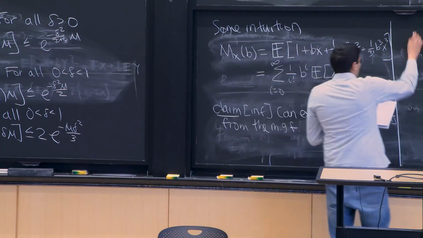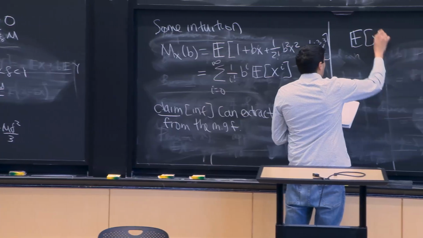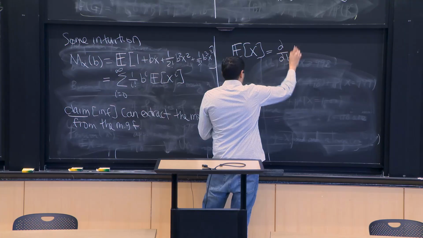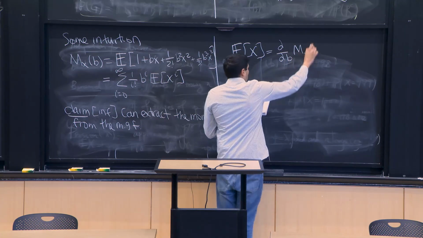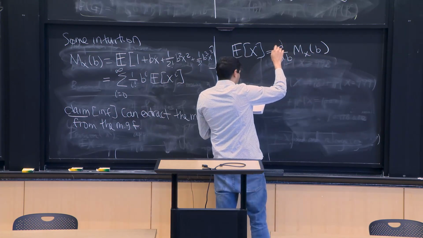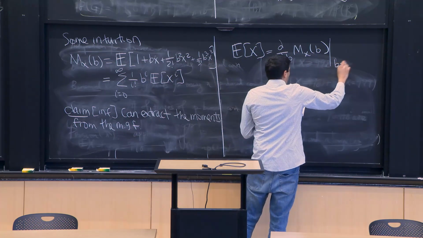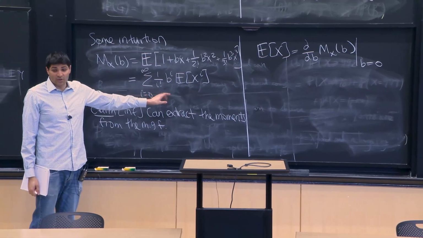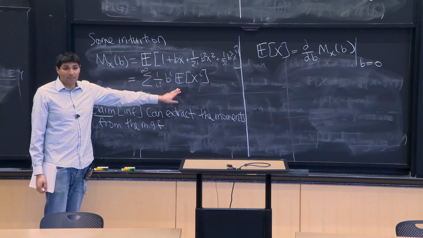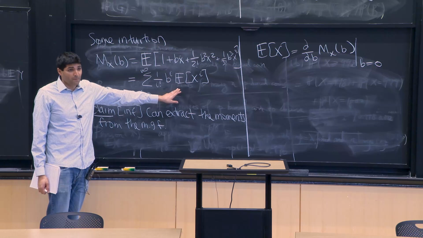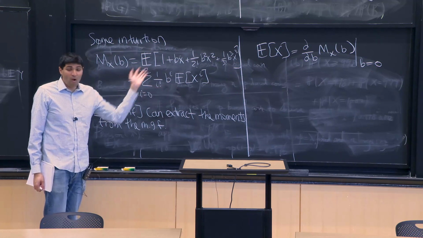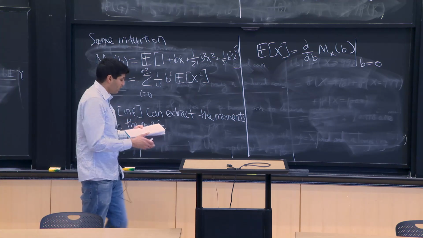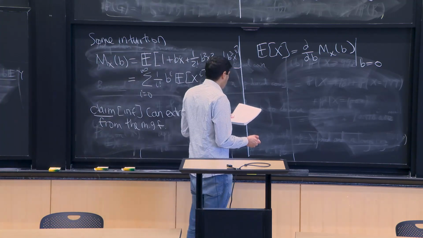Well, in particular, the way that I can recover the first moment of x is just by taking my moment generating function, taking the partial derivative with respect to b, and then evaluating it at b equals 0. All that would do is kill the first term that's just a constant, and I just pick up the expectation. And then when I evaluate it at b equals 0, all of the higher order terms would disappear. So you can check that this really does give you what you want.